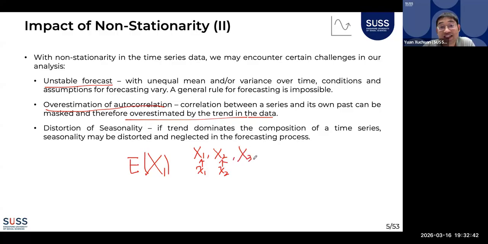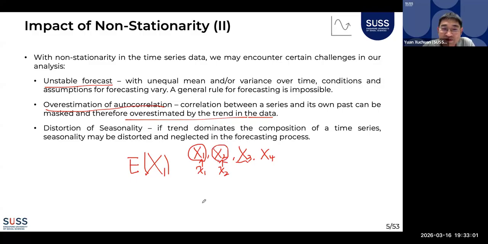What we mean is the mean of this random variable and the variance of a random variable are constant.